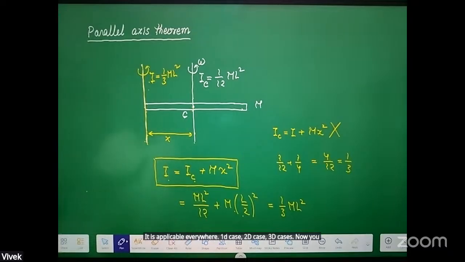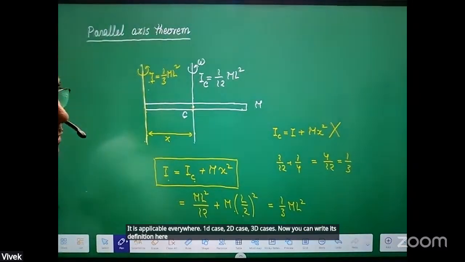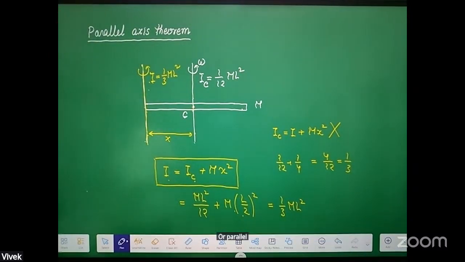Now you can write its definition here. First, write the definition of parallel axis theorem. Please write.